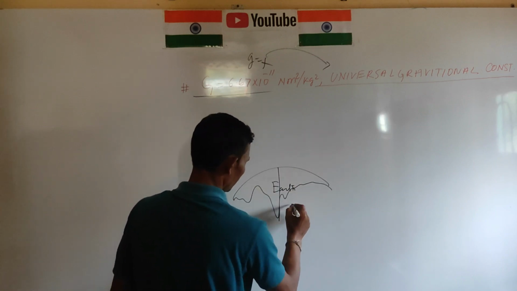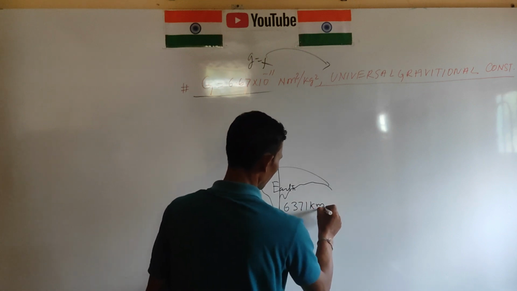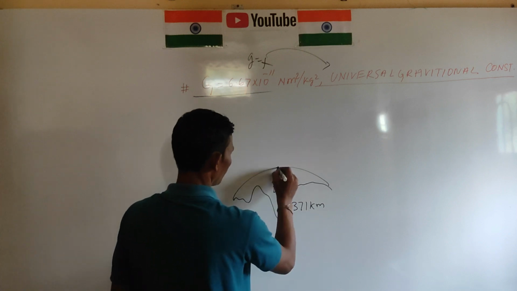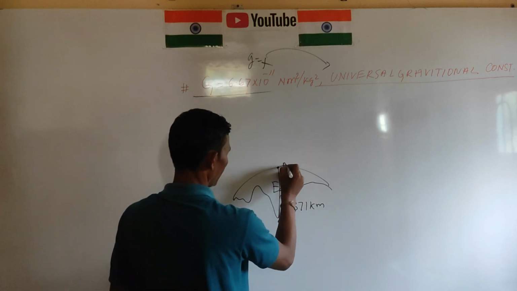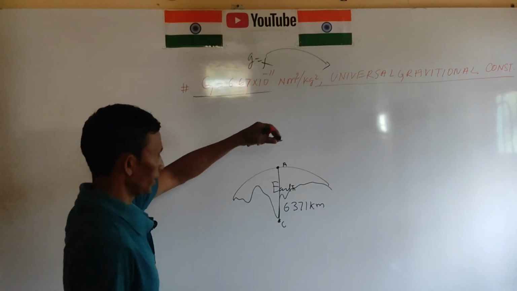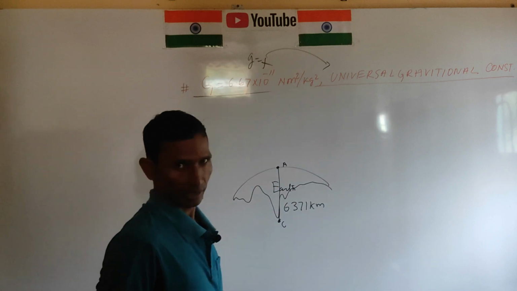Radius of Earth 6371 kilometer. This is the center C, and this is the point P. Here is the body. Suppose here is a body falling down toward the center.